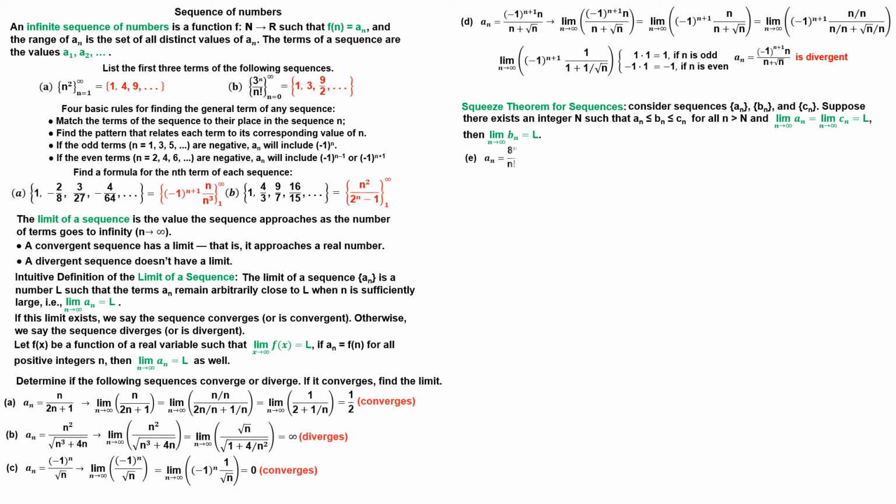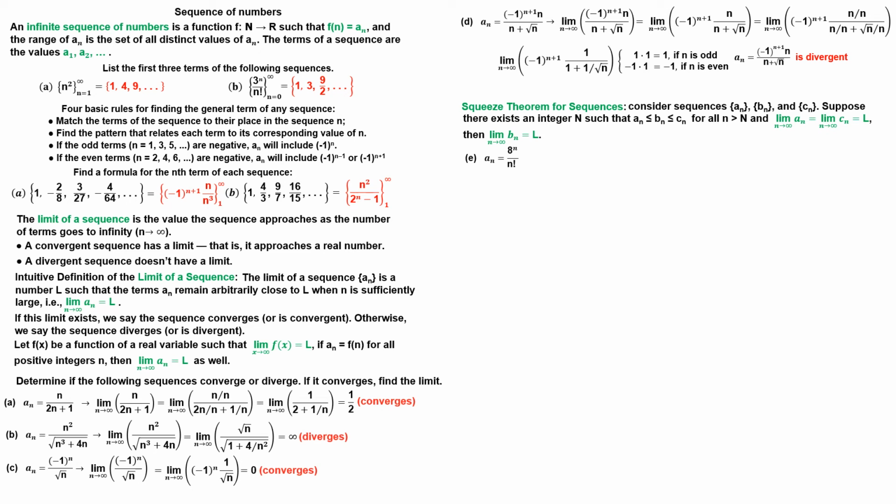We want to apply the squeeze theorem by squeezing the sequence given between two sequences that converge to the same limit. To apply the squeeze theorem, we need two functions.